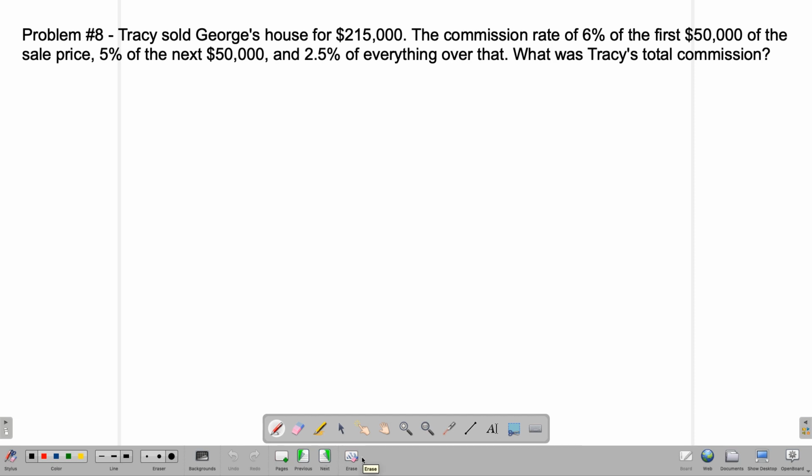But first we have to apply it to certain sections of the amount that's received. So let's start off with part equals rate times base.